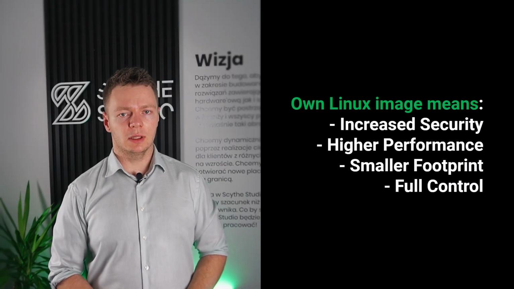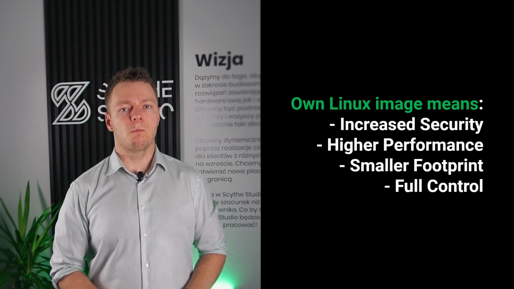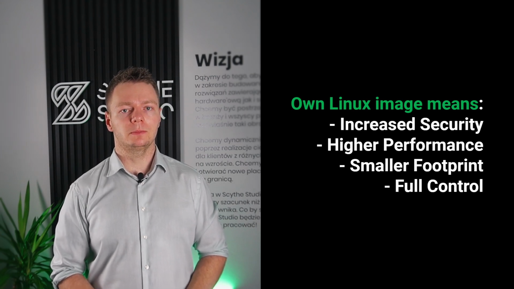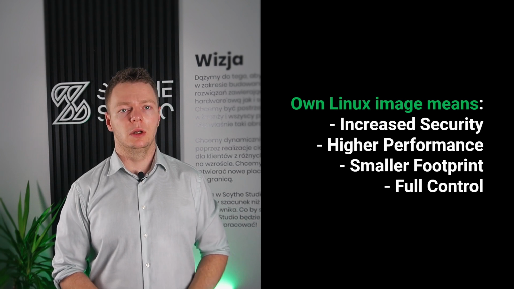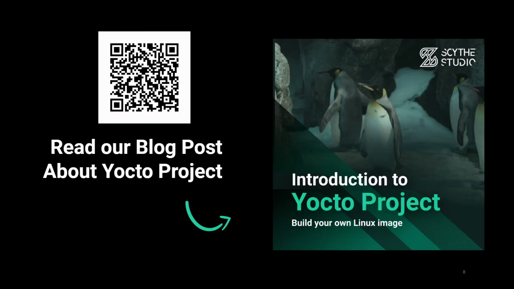It brings several advantages like increased security, higher performance, smaller footprint, and also you have a better overview, better control over your system. On the other hand, it might be really difficult to find knowledgeable experts who know how to deal with it, so it might be cumbersome to maintain it over time. Nevertheless, custom Linux images are probably one of the best choices that you can make, allowing you to get the maximum out of your hardware.